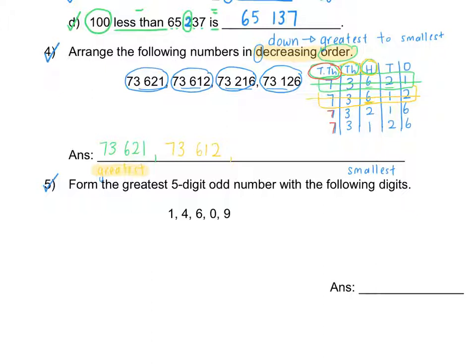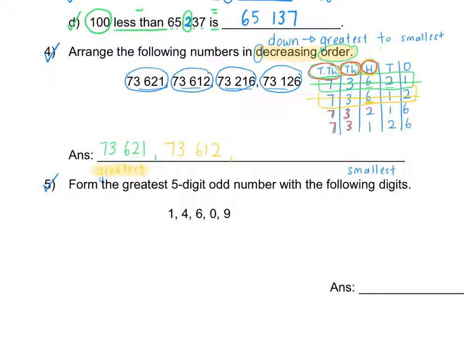So can we do a comparison? We cannot. So we got to look at the next place value, which is the thousands place. Look at the remaining digits. They are both 3. Can you do a comparison to find out which digit is greater? No, you cannot. So you move on to the hundreds place.